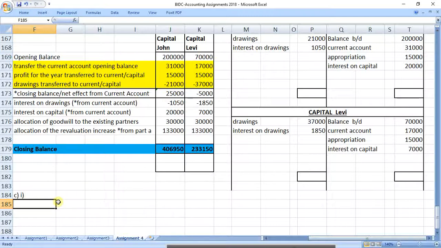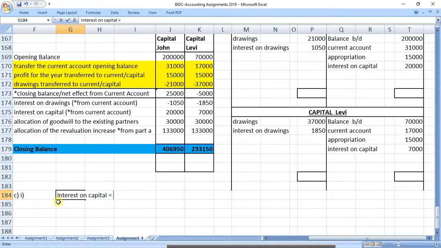C says, state the advantages of interest on capital and interest on drawings to the partners. Okay, so the first one is to the partners. So let's write it down. Here, you try to answer it actually, because you should know what it does. We've looked at it now.